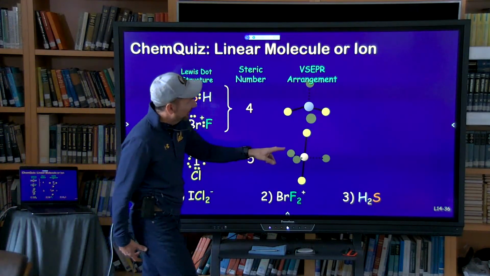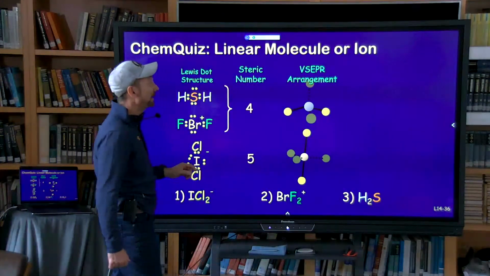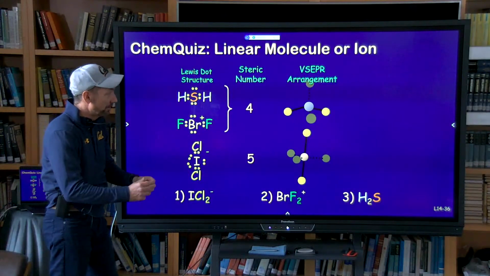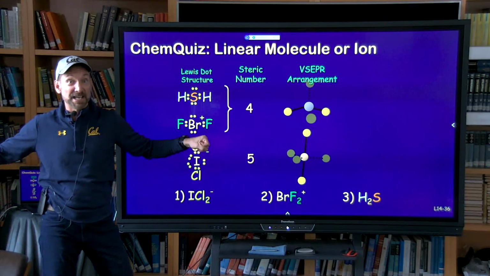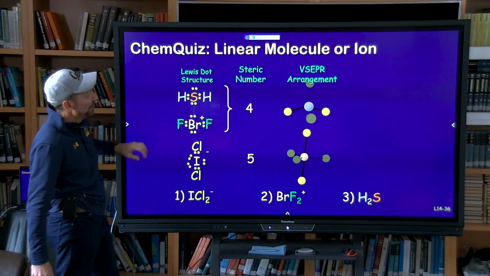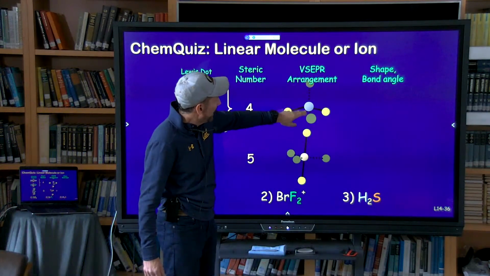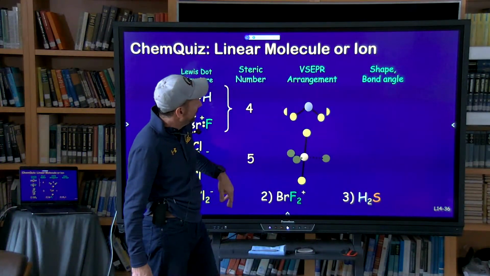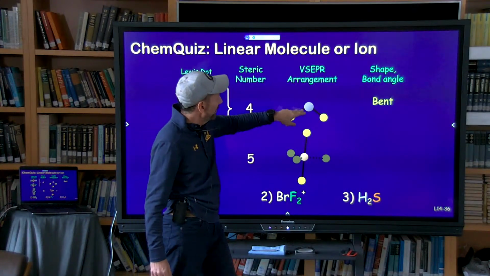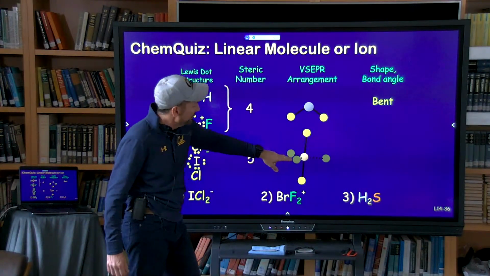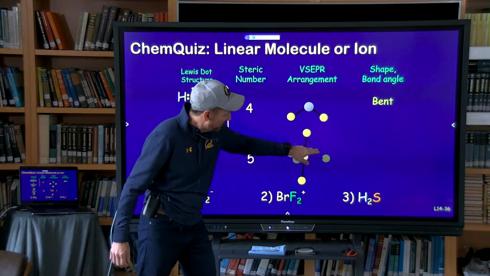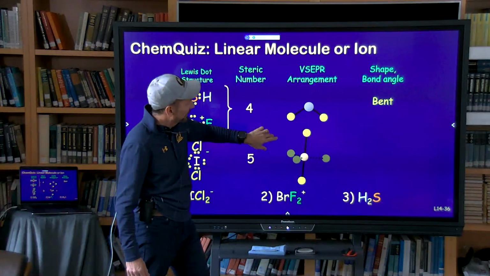But to get the shape of the molecule, we ignore the lone pairs. We just want to know the arrangement of the atoms that are bonded together. So we don't have to consider the lone pairs here. This molecule is bent; those lone pairs we don't consider in the molecular shape.